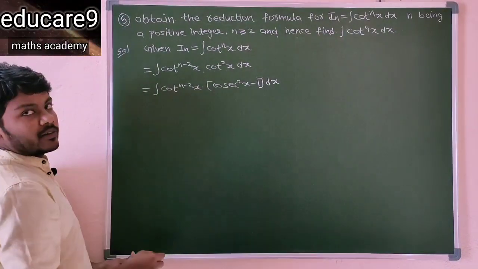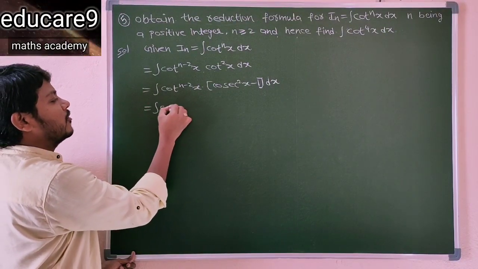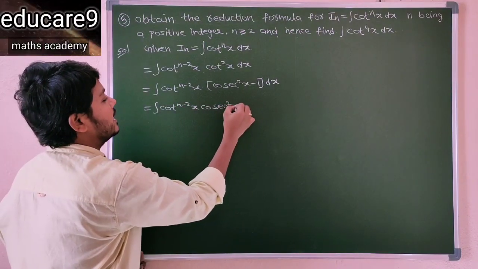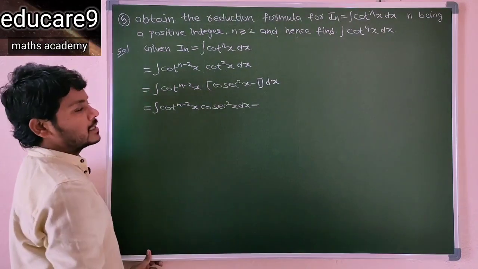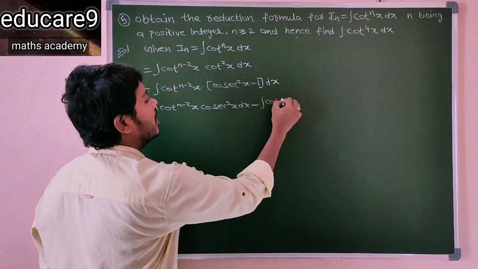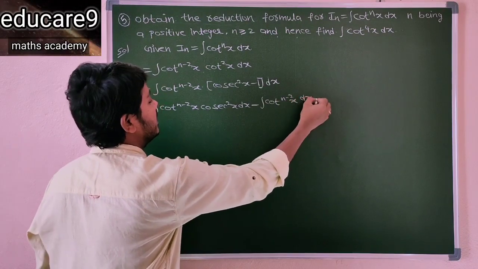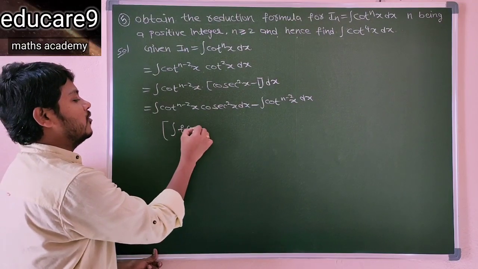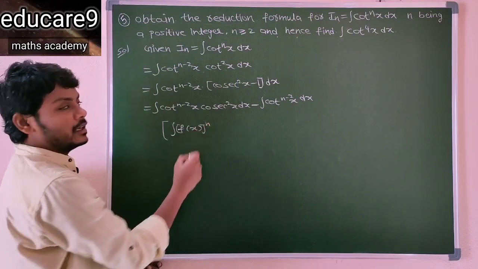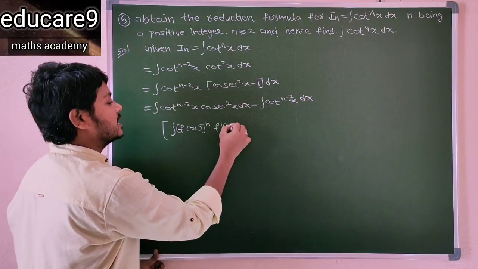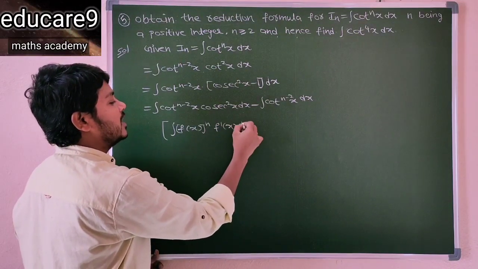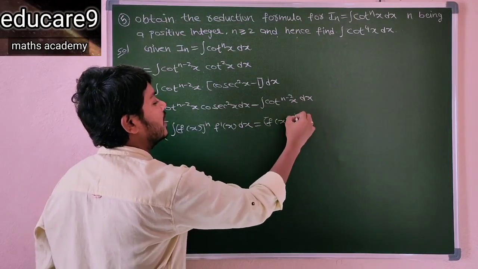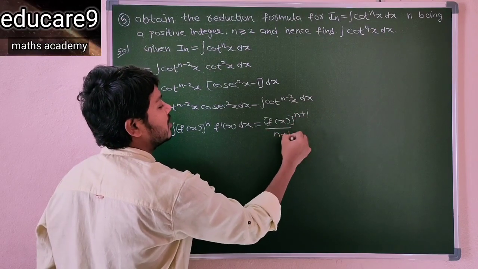So now multiplying inside, what you get? Integration of cot^(n-2) x cosec^2 x dx minus integration of cot^(n-2) x dx. So you know that integration of f(x) whole to the power n into f dash x dx is f(x) whole to the power n plus 1 by n plus 1 plus c.